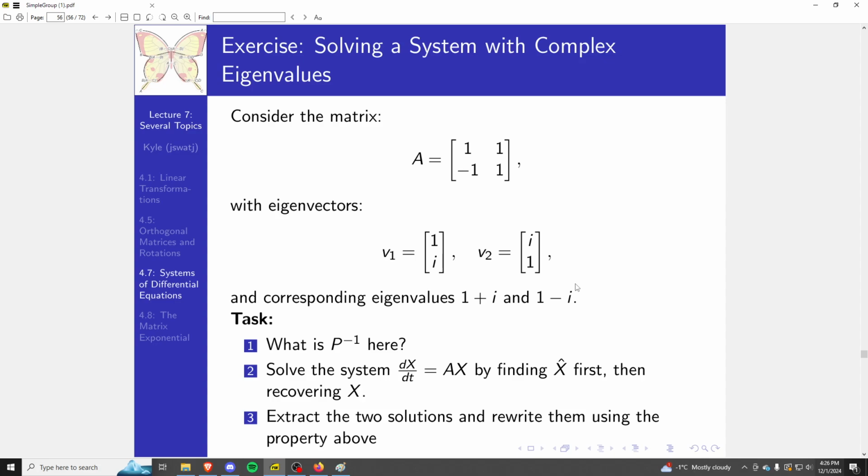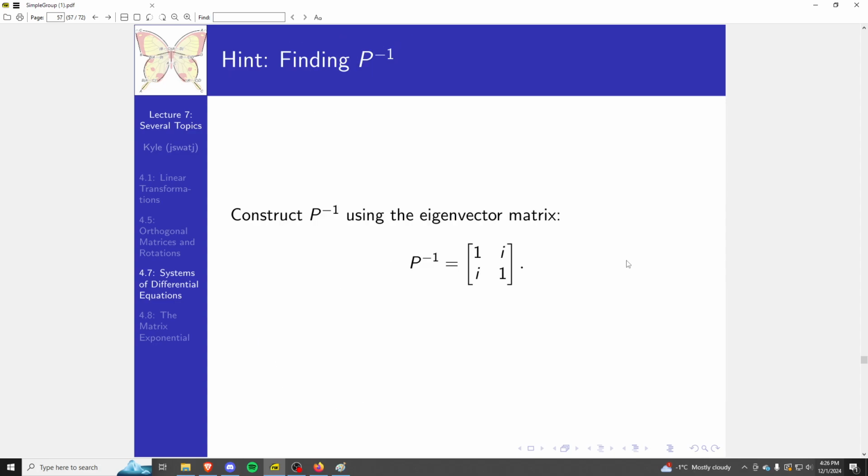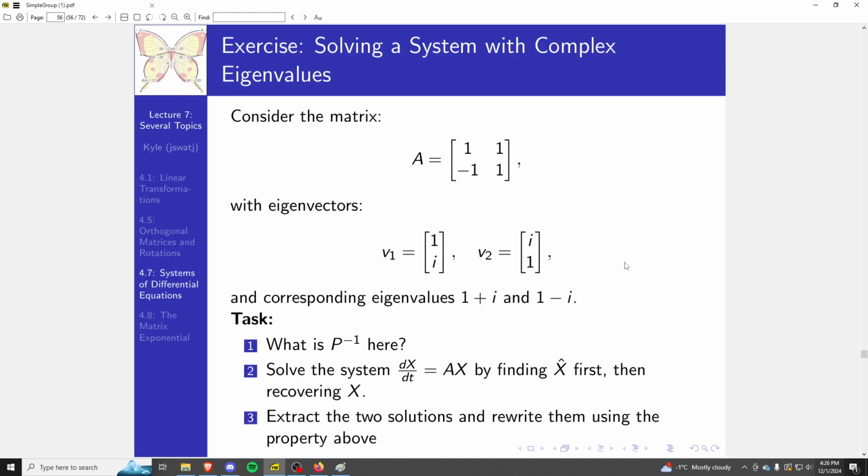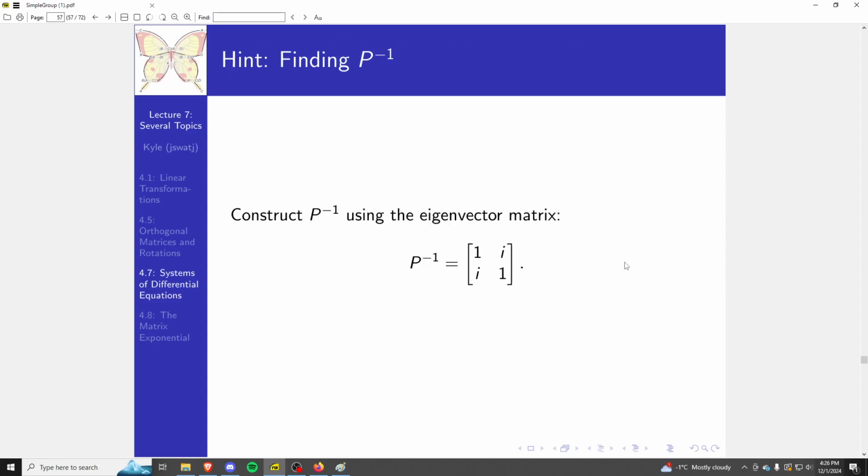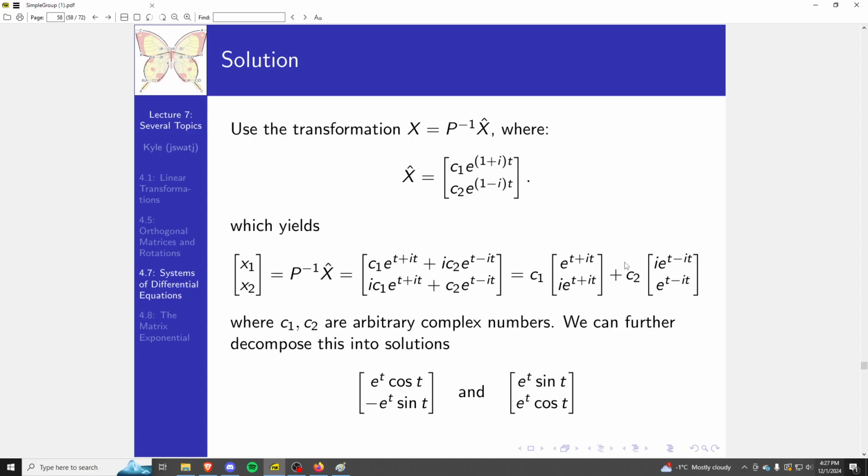But P inverse here is literally going to be just the two eigenvectors, which is (1, i) and (i, 1). And then to solve the system and find x hat, we're going to use P inverse and multiply it by the two eigenvalues. So this is eigenvalue 1, eigenvalue 2, and then we're going to multiply it by P inverse in order to get this system.